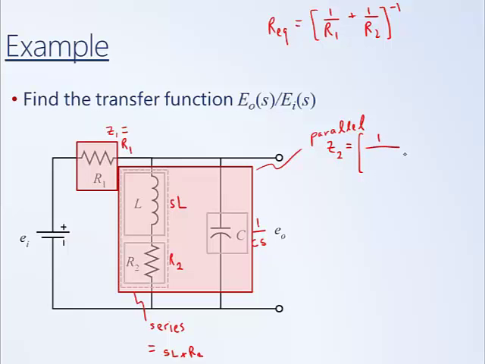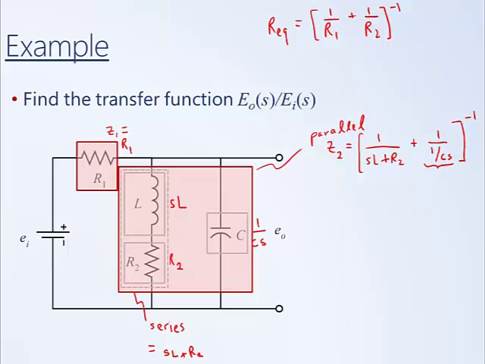We'll have 1 over the impedance of the first branch, which is those components in series, which we found to be SL plus R2. And then we'll add that to the inverse of the impedance of the capacitor, the other branch, whose impedance is 1 over CS. And then that total is also inverted.